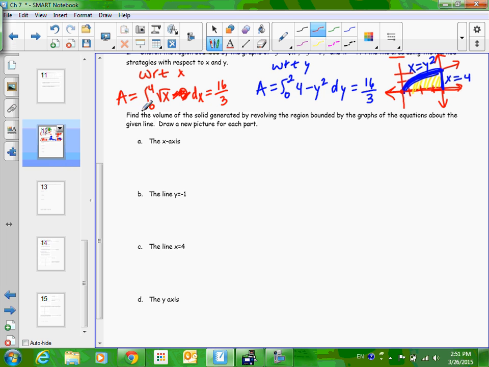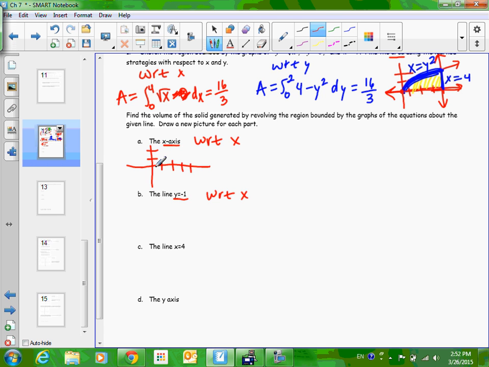All right. First of all, A and B. Notice that we're rotating this figure now around the x-axis and a horizontal line. These are both going to be with respect to x, both of these. So I'm going to do these in red. Okay, you need to draw a new picture each time you do this.